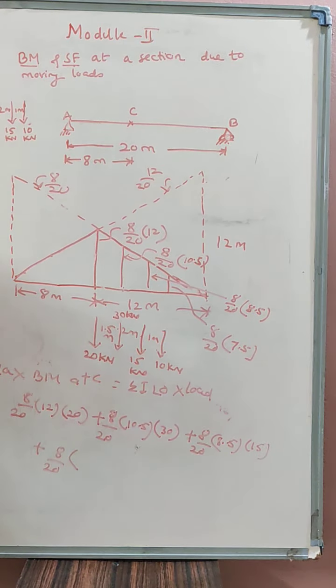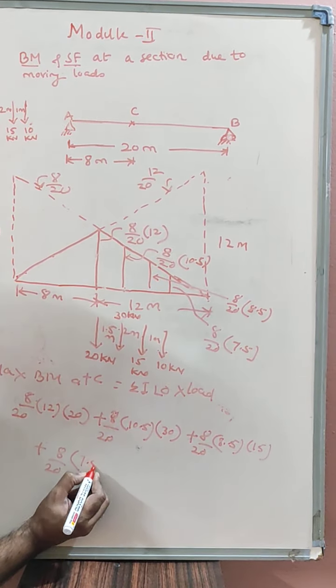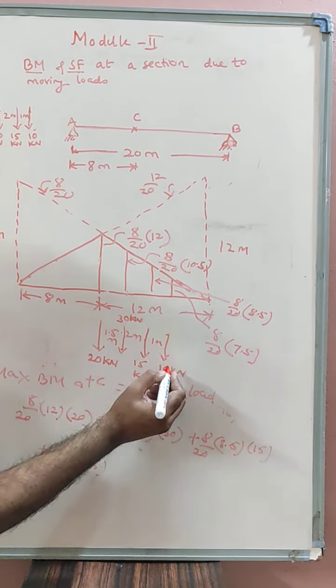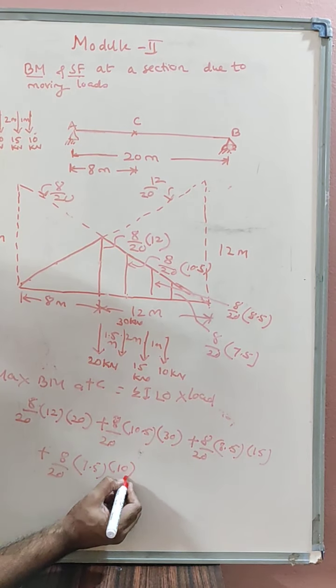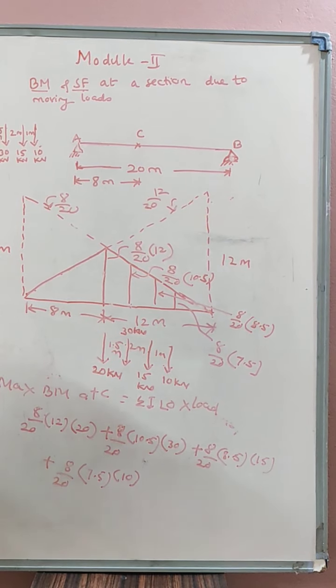The last one is 8 by 20 into 7.5, the load corresponding to that is 10 kilonewton. I hope it is clear.